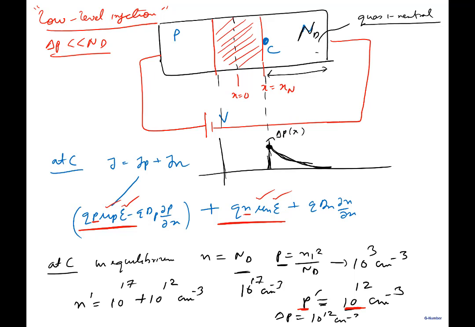So if that is true, if delta P is much, much smaller than ND, then what can you conclude? What assumption can you make? Compare the two terms, the hole drift and electron drift. What can you conclude from here?